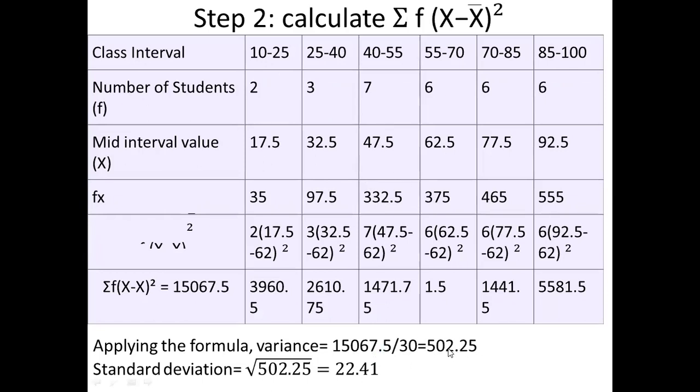However, for the final value, we put the root over here at the end, and we get the standard deviation here. What we used here is the population variance formula, and we got the population variance, and the root of it gives us the population standard deviation.